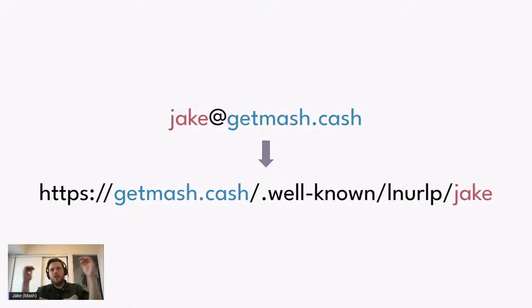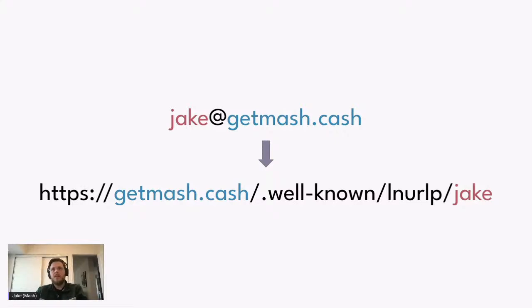As long as your service that is implementing LNURL Pay on the receiver side has this route, you support Lightning addresses, with a caveat. There are some requirements in terms of the metadata that needs to be returned. I'll talk about that in a second, but this is the gist of it.